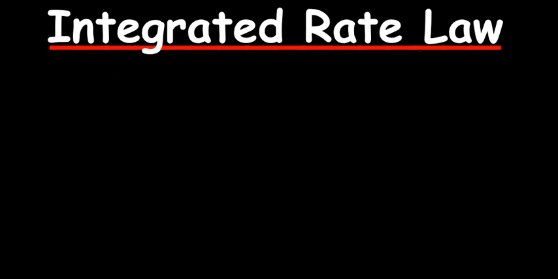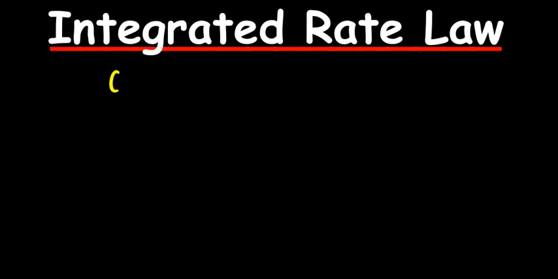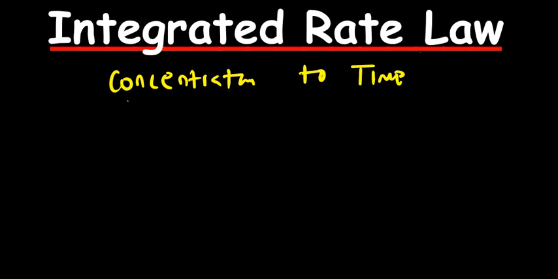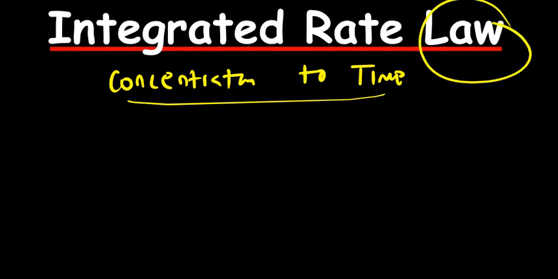In simpler terms, you want to compare the concentration to time. People have come up with equations to explain that, and that's why they are called laws. So basically these are concentration to time equations.